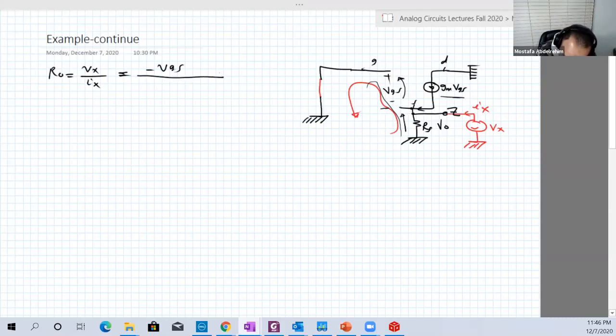How about Ix? So Ix is going into the node here, okay? GM VGS is also going into that node.